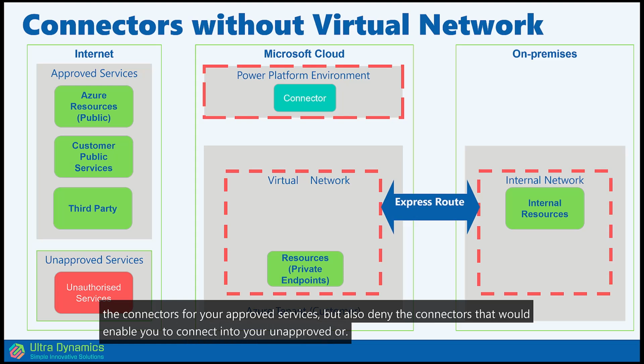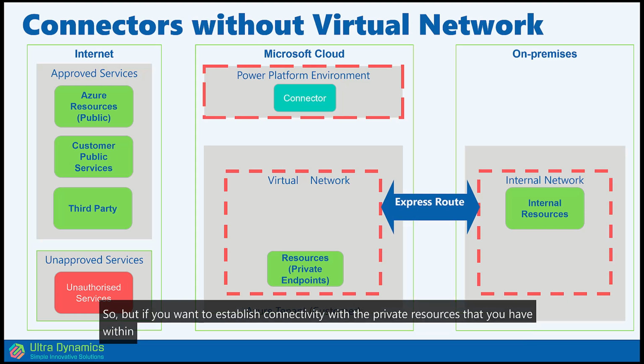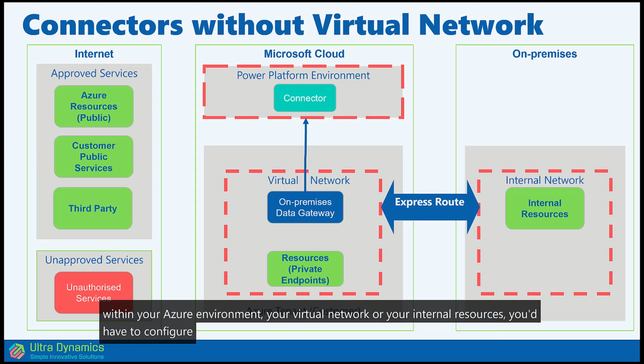But if you want to establish connectivity with the private resources that you have within your Azure environment, your virtual network, or your internal resources, you'd have to configure something called the on-premises data gateway.